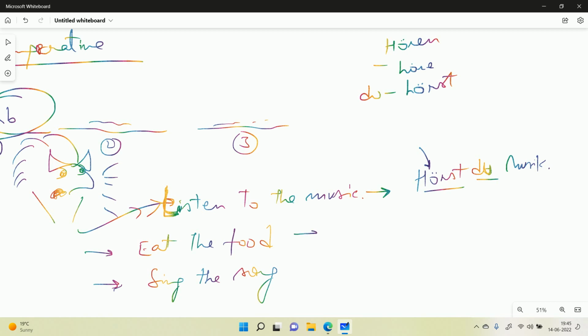So eat the food. Let's say this time he is talking to some senior person and he is very polite. So Essen Sie, simply if this guy says eat, it will become Essen Sie, and das Essen, zum Beispiel.